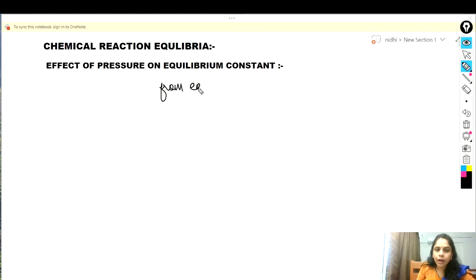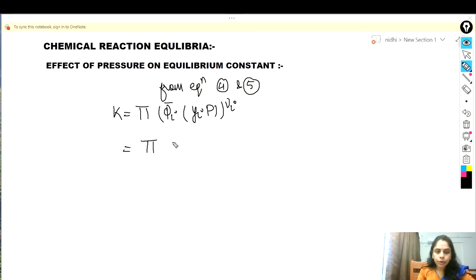From equations number 4 and 5, we have the equilibrium constant K equals the product of phi_i bar y_i P to the power nu_i. Then you can write individually the product of phi_i bar to the power nu_i, the product of y_i to the power nu_i, and P to the power nu.